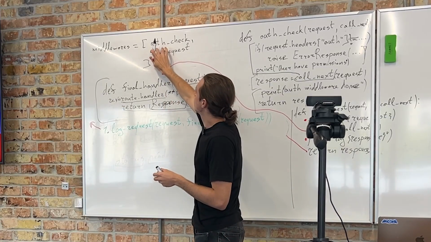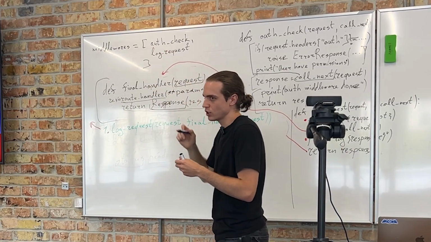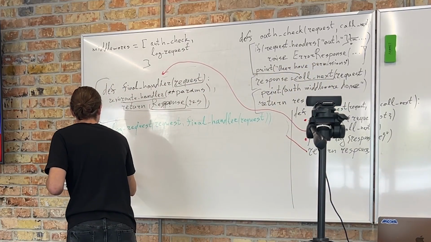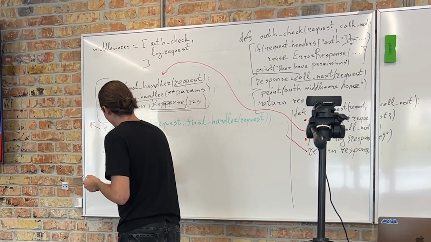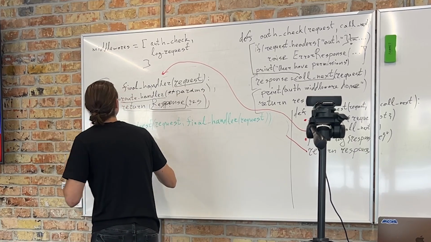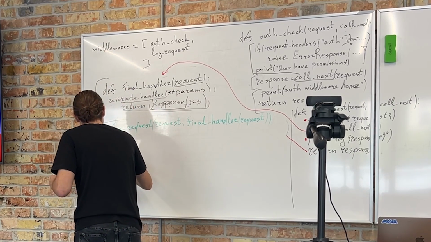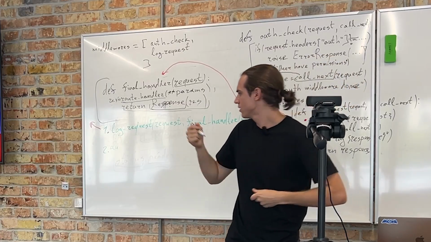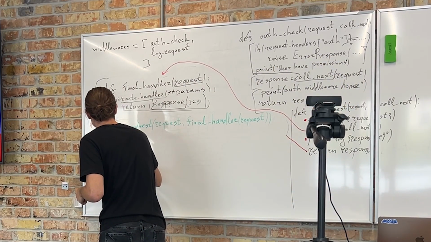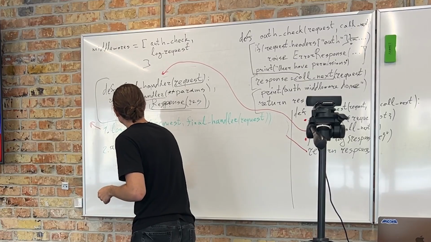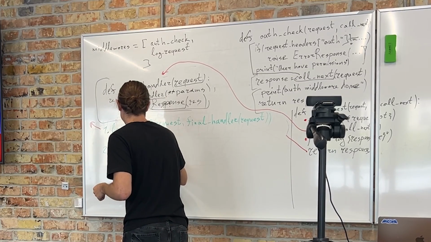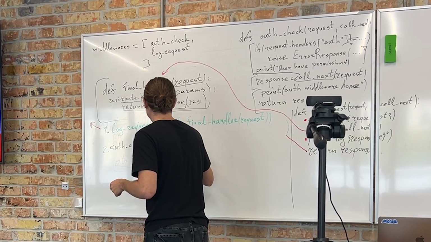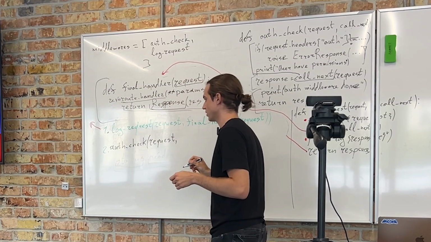But we need to wrap it also in auth check middleware. This is our second step. We have, guys, it will be wild. I need a black marker. We have auth check, then request, then what do you think?